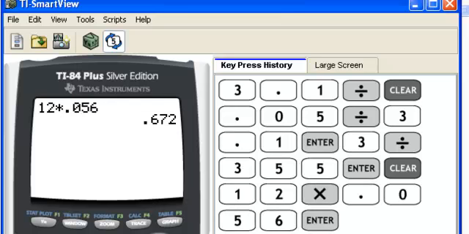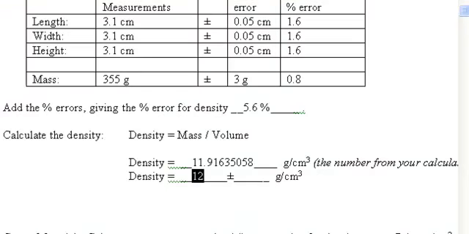And that is 0.672, because I multiplied my percentage as a decimal times the density of 12 grams per cubic centimeter. That is also why this one takes on the units of grams per cubic centimeter. Now, again, I have an overkill here of 0.672.